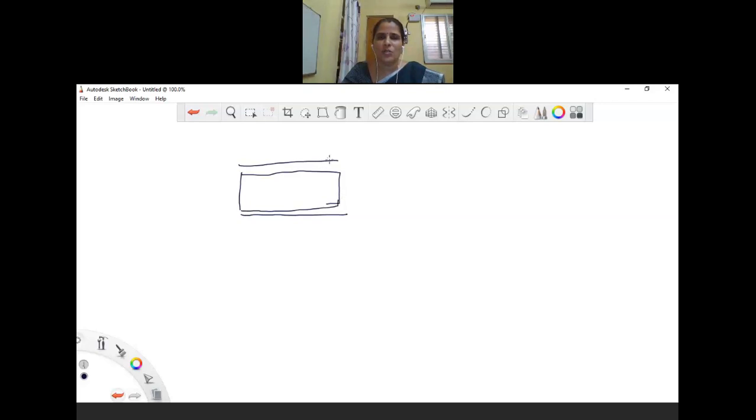Okay, so this is a conducting plate, and this is also another conducting plate. Okay, and this is the dielectric material.